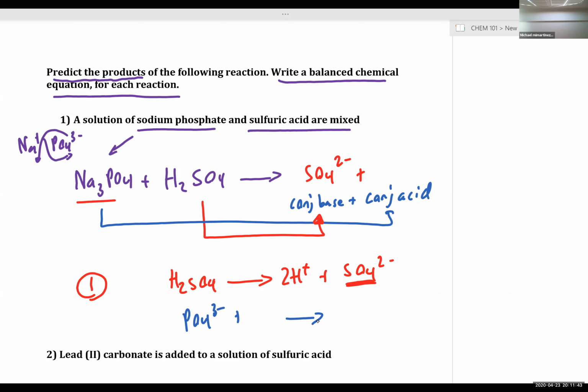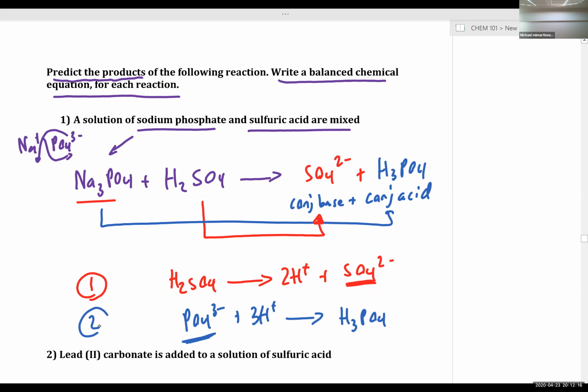What is the conjugate acid of the phosphate anion? Yep, phosphoric acid, exactly right. And how many protons do we need to gain in this process? 3, exactly right.